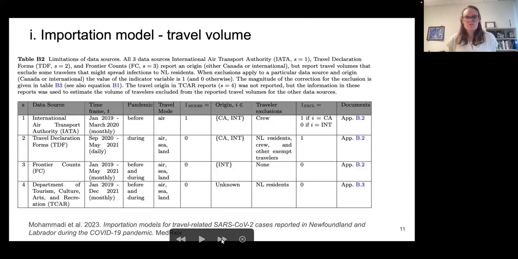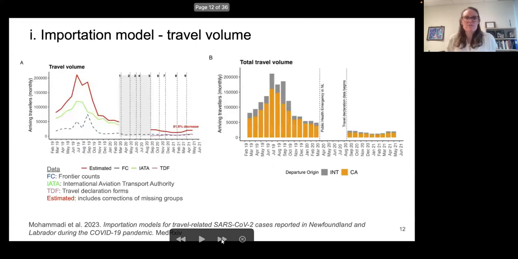So there are 3 different sources of travel data, but they all have exempt groups. So in order to really get a sense of what the arriving travel volume is, we needed to augment some of that information. For example, how many people are arriving by vehicle versus air. Those estimates we got from reports by the Department of Tourism, Culture, Arts and Recreation from Newfoundland and Labrador. And so we put everything together and we were able to estimate travel volume.